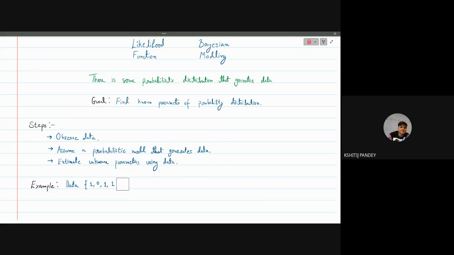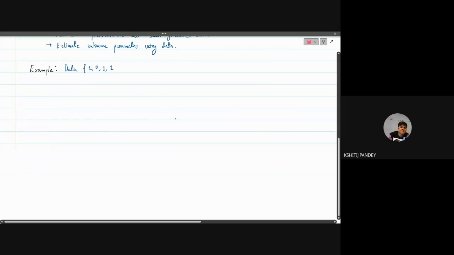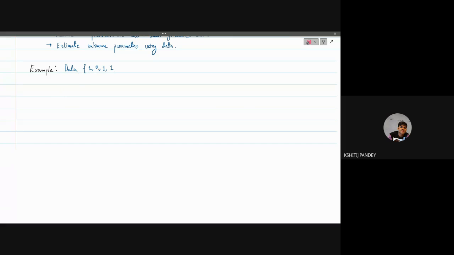So let's take one simple example. Let's say we have data, and in the data we only have ones and zeros, so our observation is 1 0 1 1 0 1 1, something like that. So this is our data.